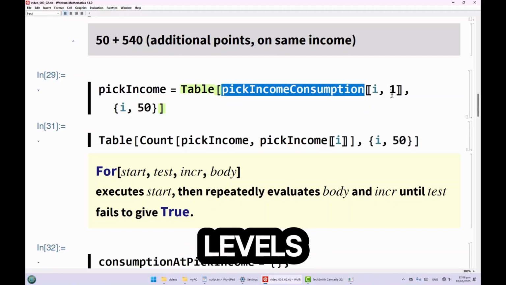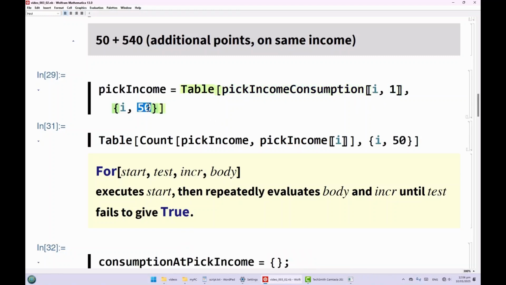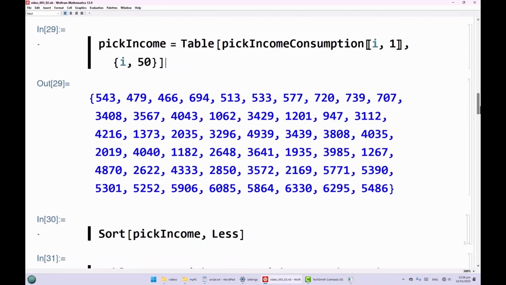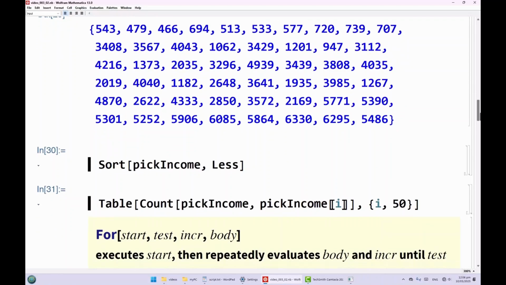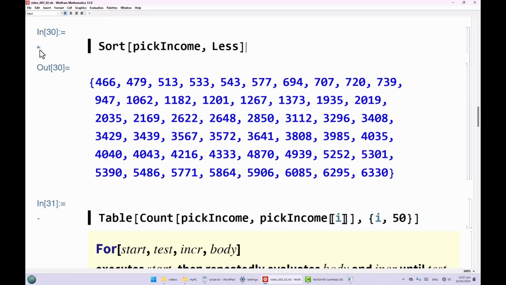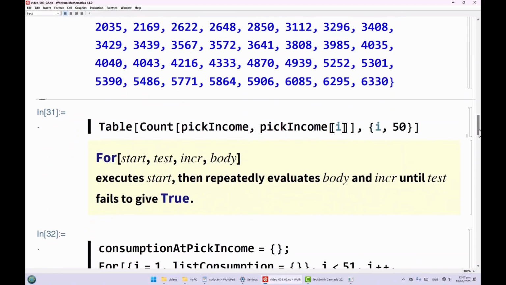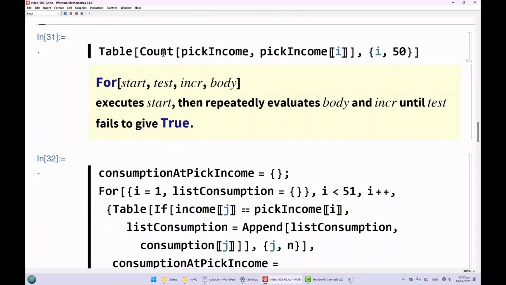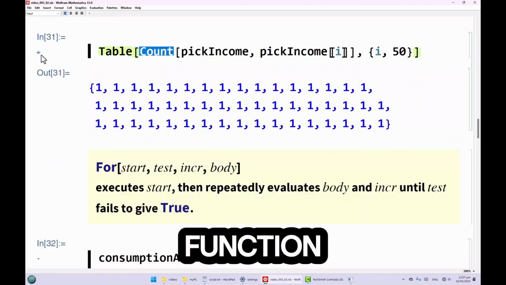All the 50 selected income levels are unique, as this count function confirms.